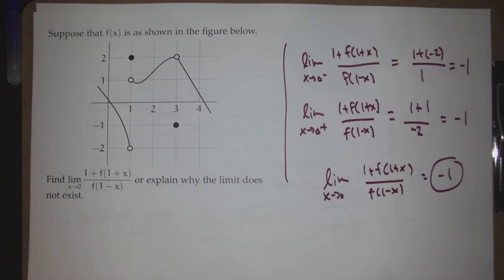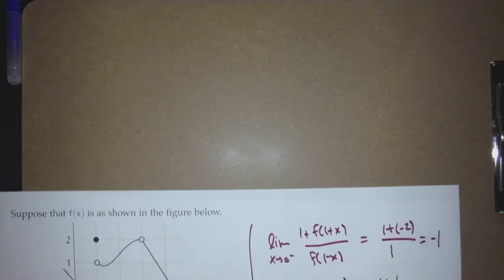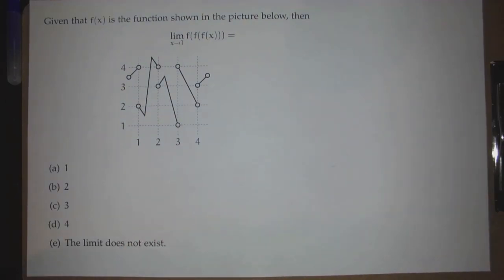Now, we're basically out of time, but I did want to throw up the multiple choice problem. You can take a quick guess. Given that f of x is the function shown in the picture below, so that's f of x, right? Look at it. It's beautiful. Look at it. It's so beautiful.